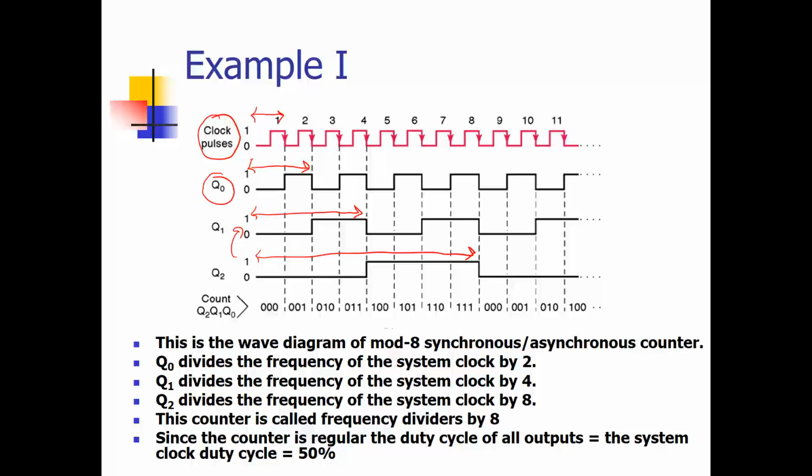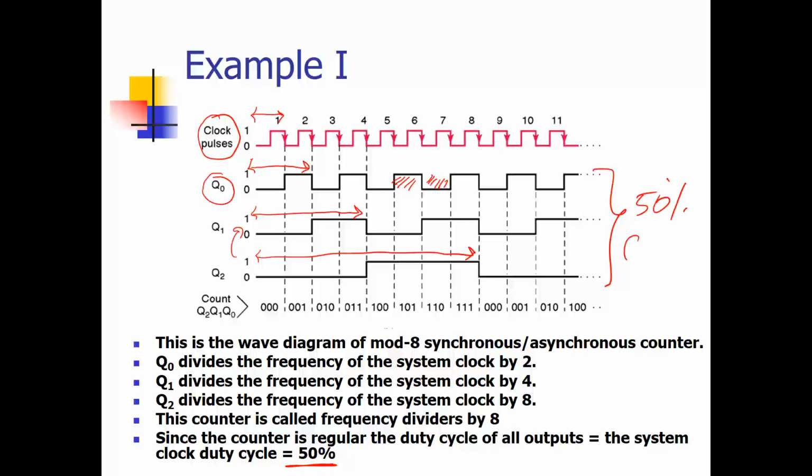The system has a duty cycle of 50%. What's a duty cycle? A duty cycle is the percentage of time that I am high and the percentage of time I am low. We would like to have a duty cycle of 50%. It turned out that the counter provides a duty cycle of 50%, which is great.